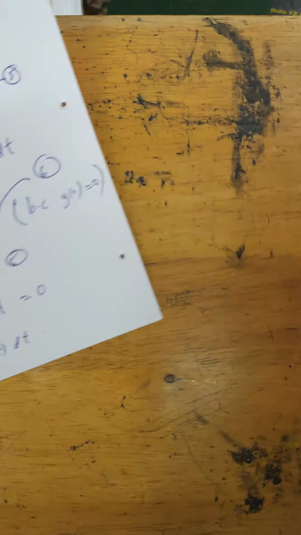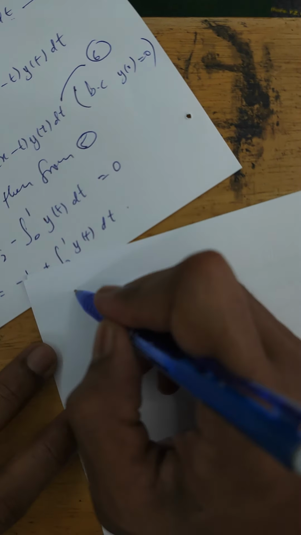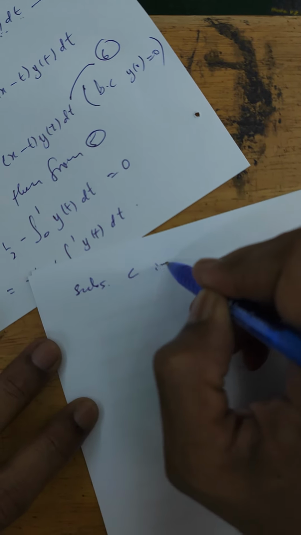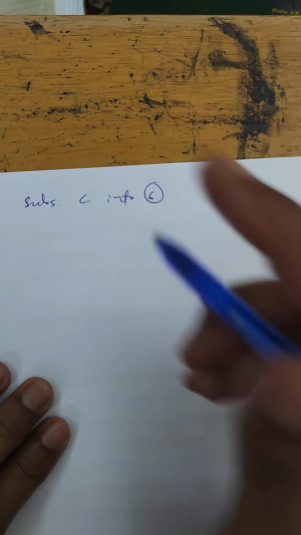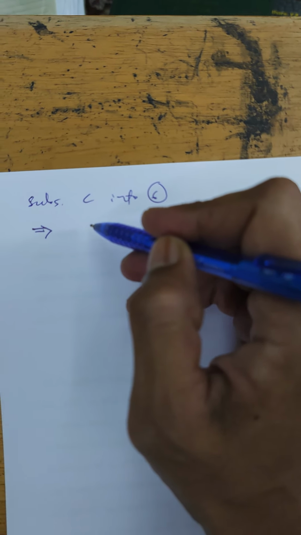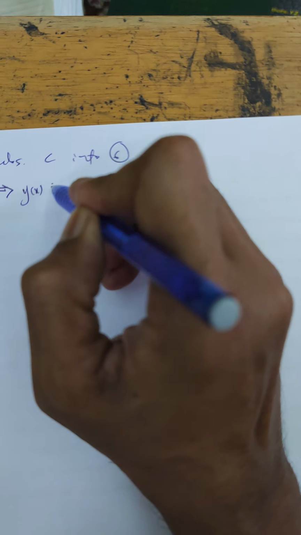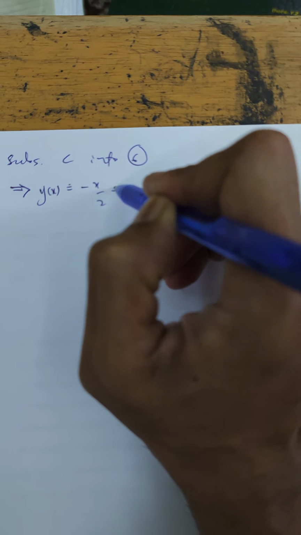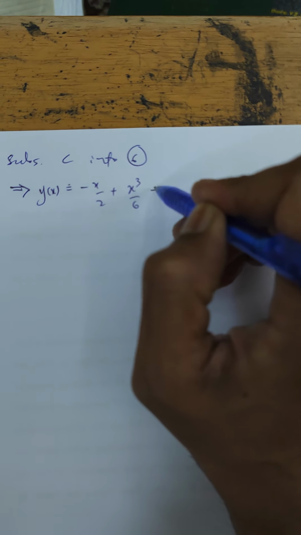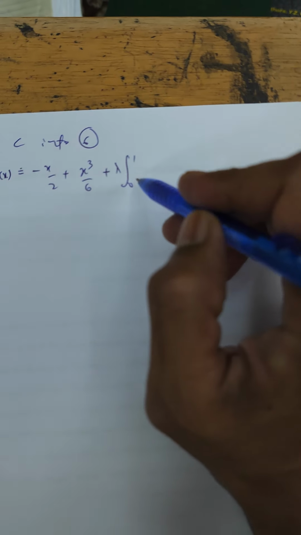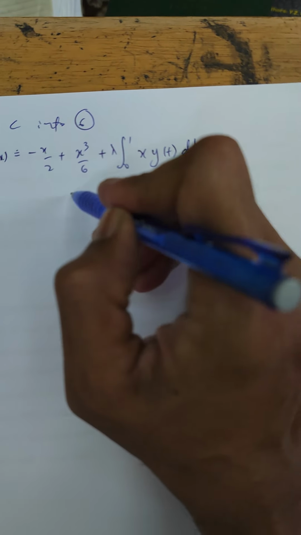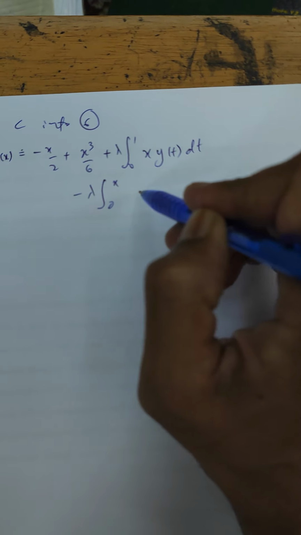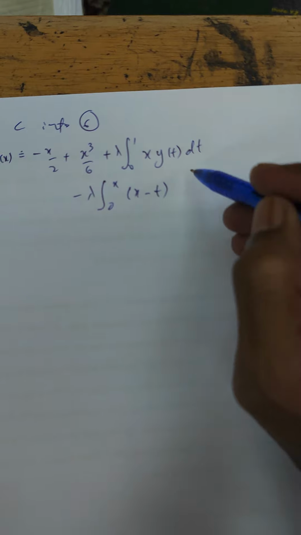We have y(x) equal to minus x over 2 plus x cubed over 6 plus lambda integral from 0 to 1 of x t y(t) dt minus lambda integral from 0 to x of (x minus t) y(t) dt.